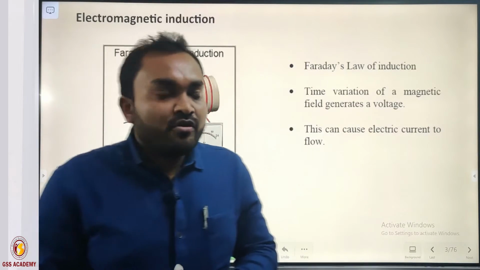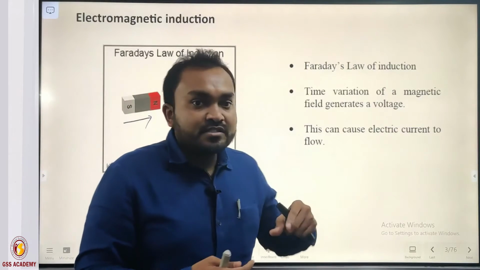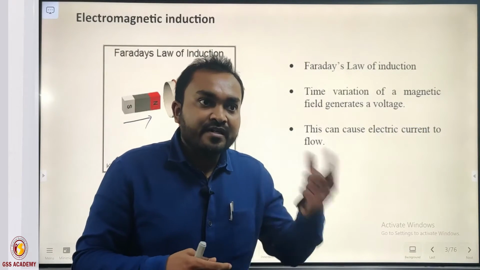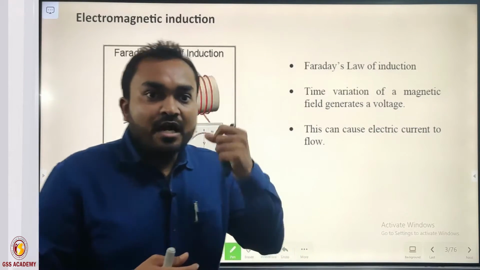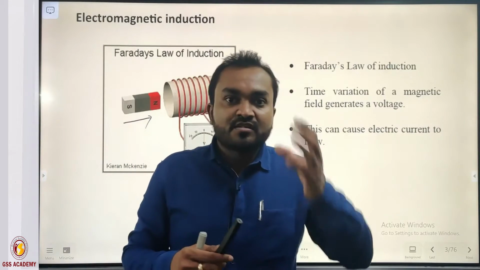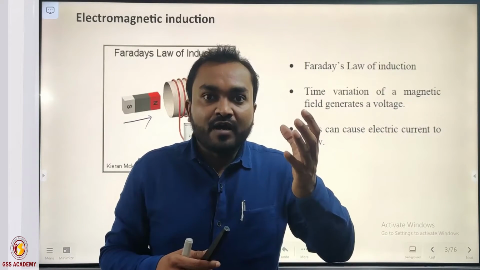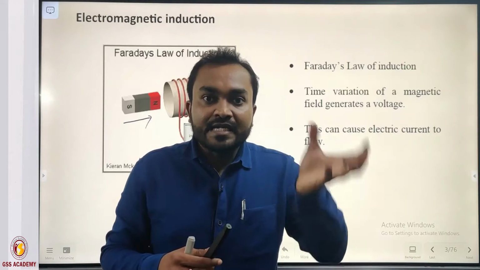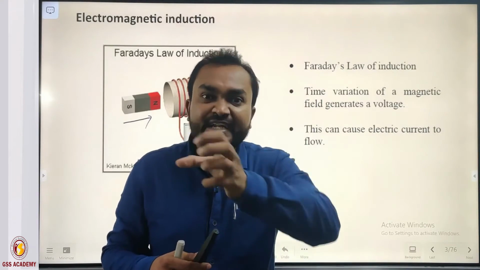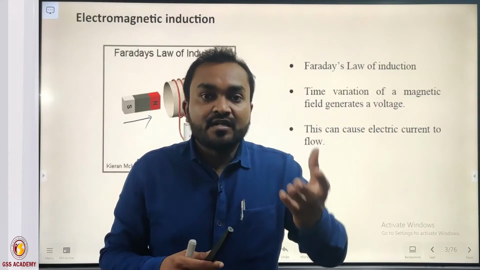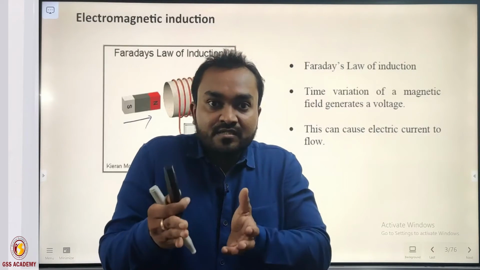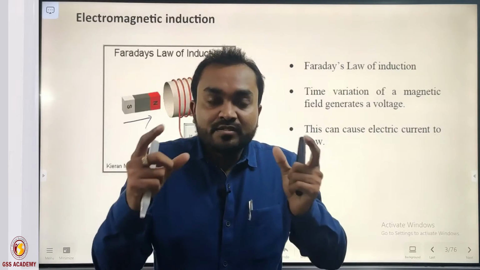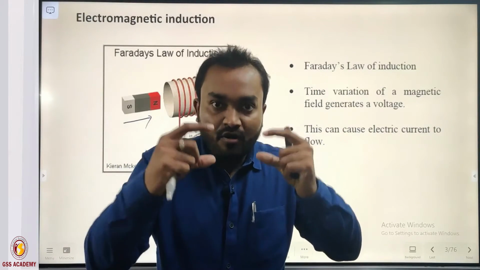Faraday's law is one of them, and the others are Gauss's law. Gauss described how the electric field behaves, and also how the magnetic field behaves, and he described that in a law.